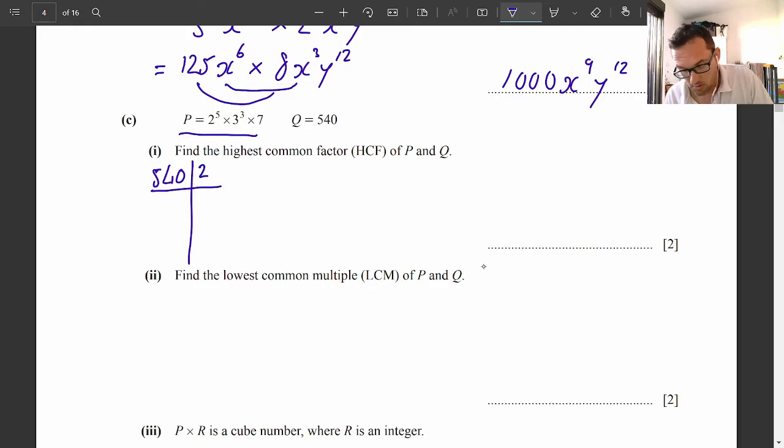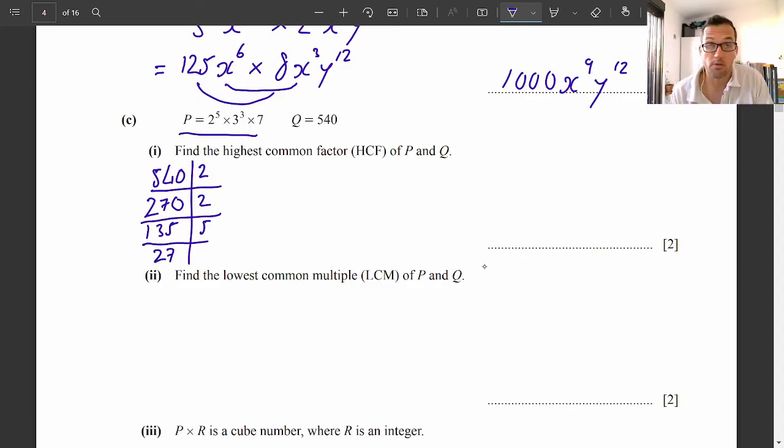So we divide it by 2. 540 divided by 2 is 270. We can divide that by 2, which is 135. We can't divide that by 2, but we can divide it by 5. 135 divided by 5 gives us 27.